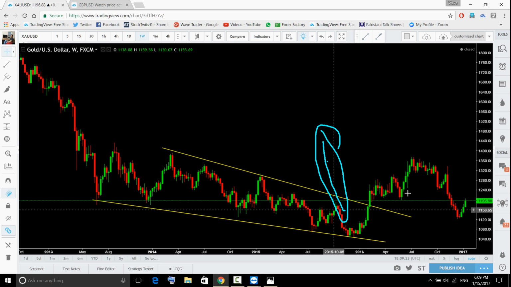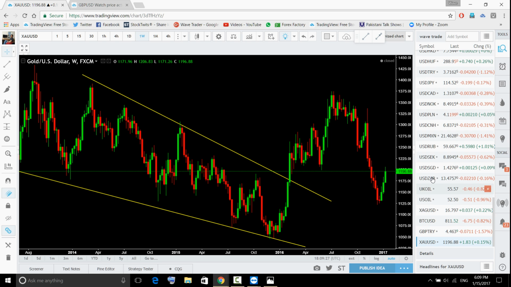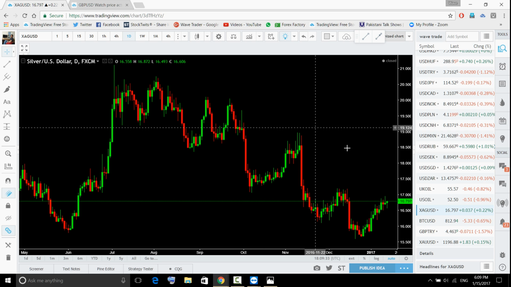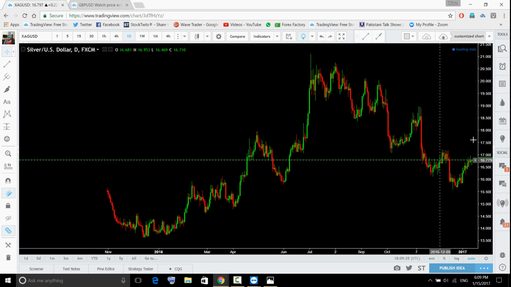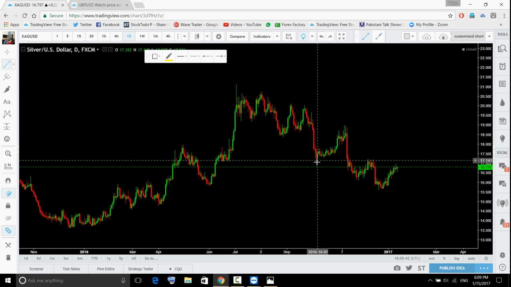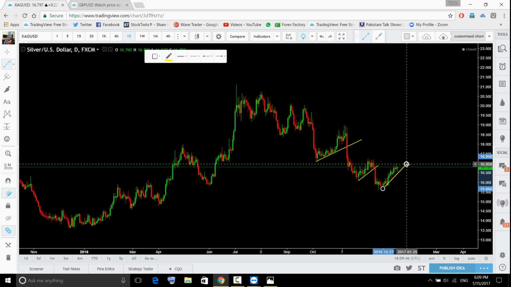Okay, enough for tonight. Just one pair, silver. Silver is the same as gold. This move is corrective, this move is not aggressive. Corrective flag, continuation, corrective.